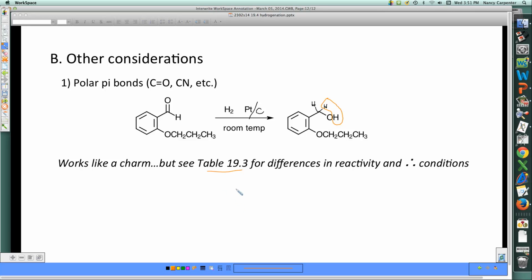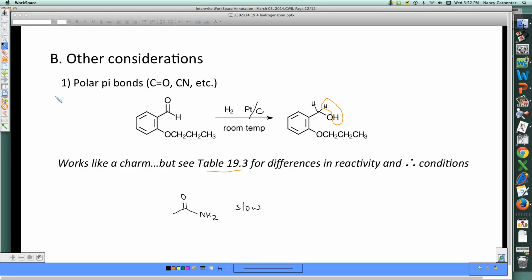But not all functionality is equally reactive. If you look at table 19.3, you'll see that certain functional groups, for example, esters and amides, well, they'll react with the hydrogen gas under catalytic conditions, but it's slow.